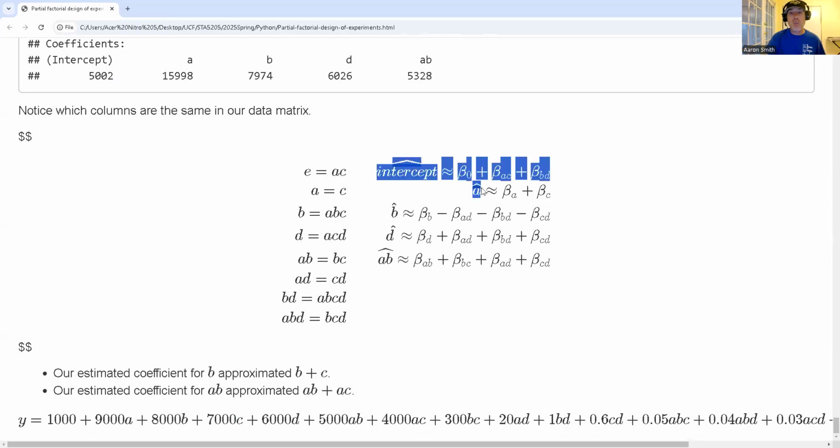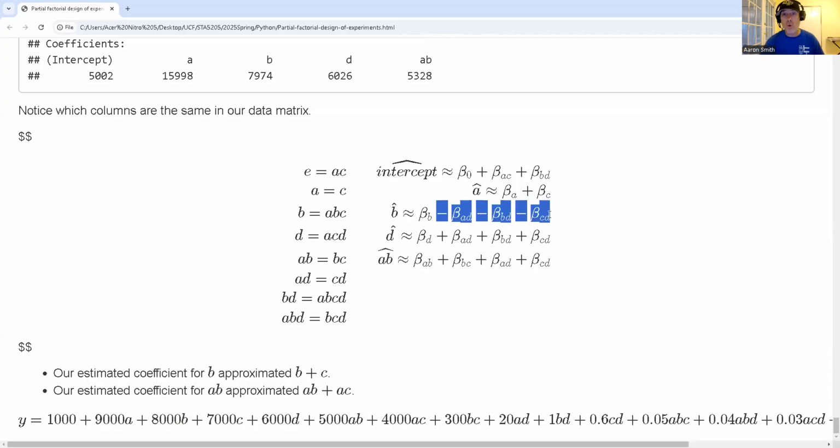You can see that the estimated value of A is actually giving me these two coefficients together. My B hat, close to 8,000. Well, this is a little bit less than 8,000. You'll notice that we've got some subtraction going on. I found this out by doing reduced row echelon form, and I threw away the higher order terms for the approximation because we make the assumption that higher order interactions are not as important.